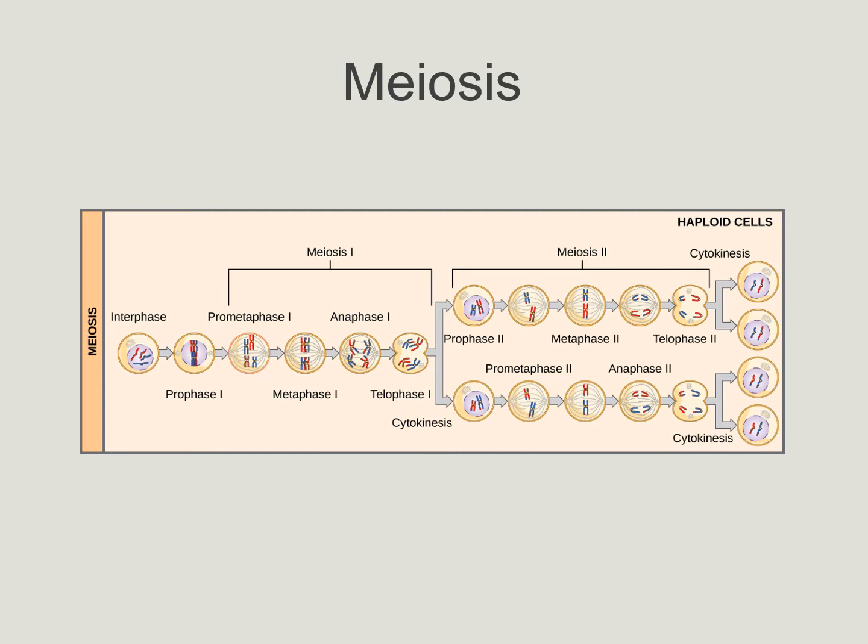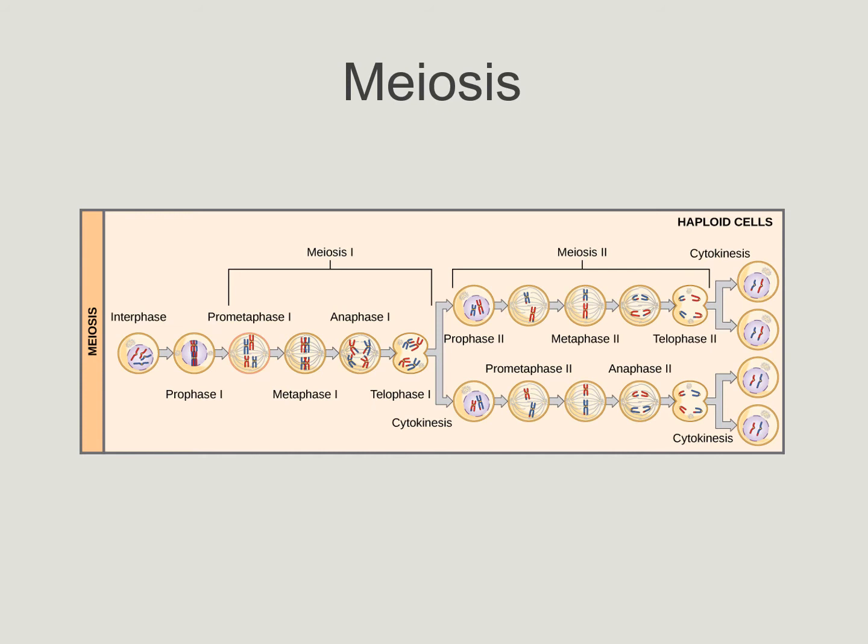So instead of 2 identical daughter cells, meiosis produces 4 haploid daughter cells with a unique combination of DNA. In this example, the parent cell is diploid with a total of 4 chromosomes, or 2 sets, but by the end of meiosis, each cell is only haploid with 2 chromosomes and no matching pairs or sets.